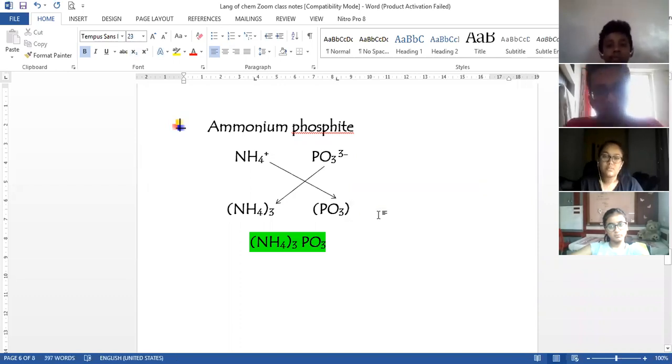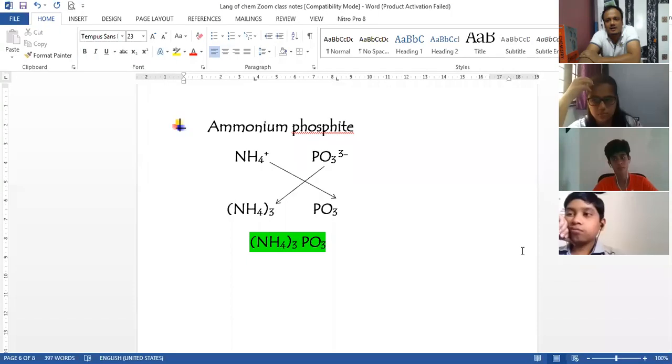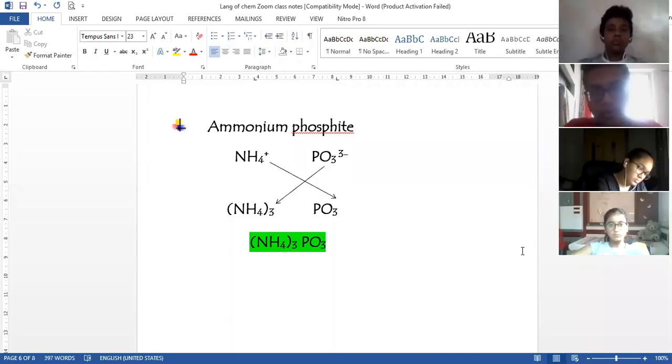So if there is nothing outside the bracket, do you think we have to keep the bracket there? No. So we remove the bracket. So this bracket is gone, and then we just bring them closer, and then the formula of ammonium phosphide becomes (NH4)3PO3. Okay, so this is how you write the formula. I hope this is clear.